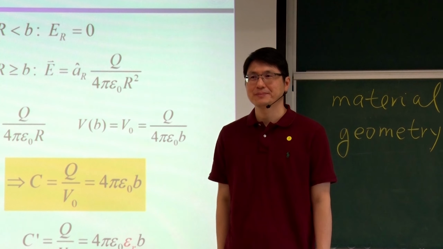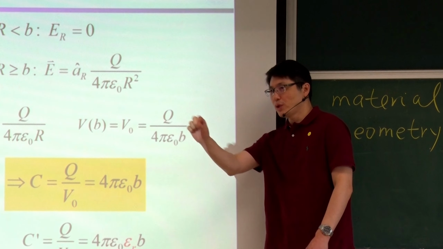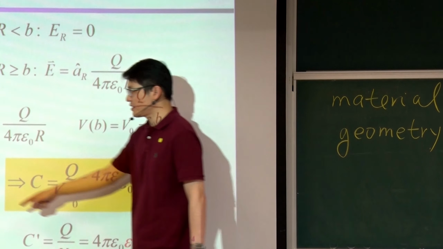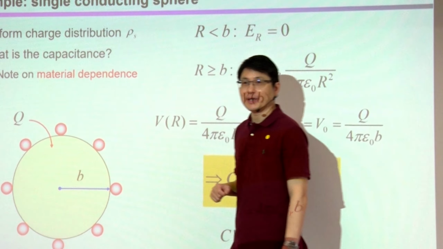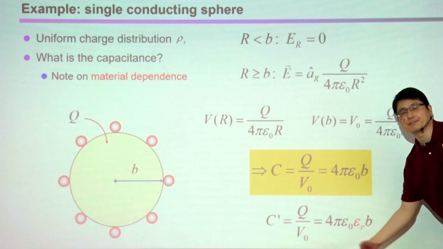Do you know why? In the future, once you derive something with 4 pi times something, this b is the radius. Where is this 4 pi coming from?